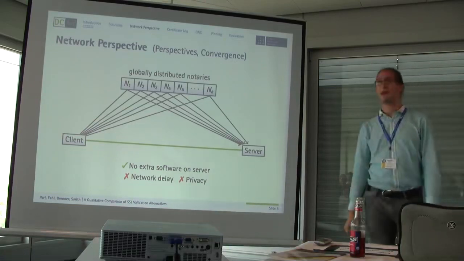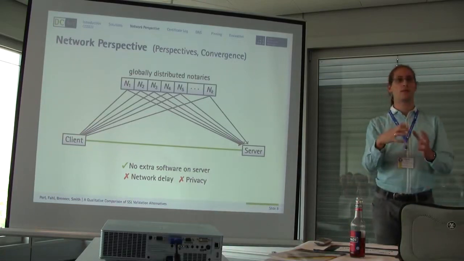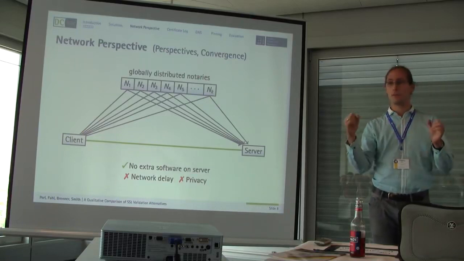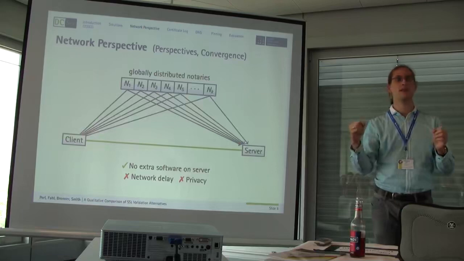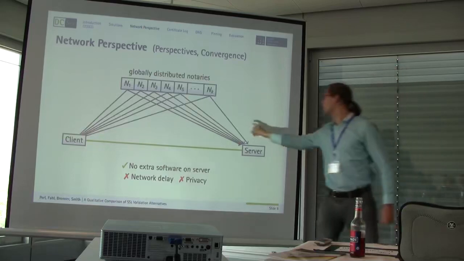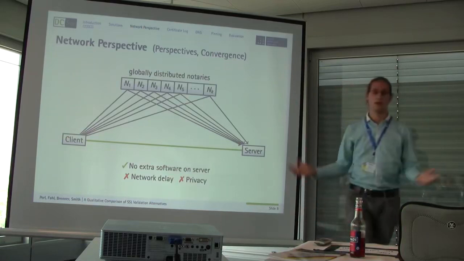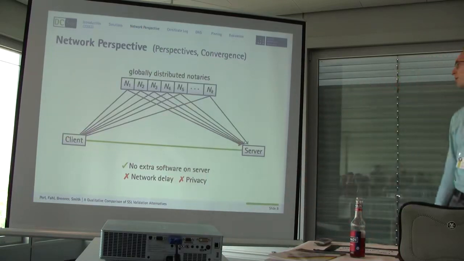So basically the idea is, if someone sits in the middle between my connection and the server, it does not succeed at intercepting each connection to the notaries as well, because the attacker, or that's the assumption, usually sits near the client.